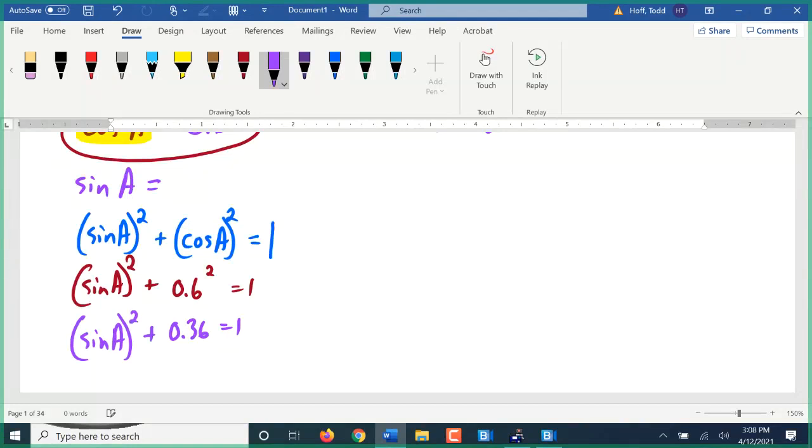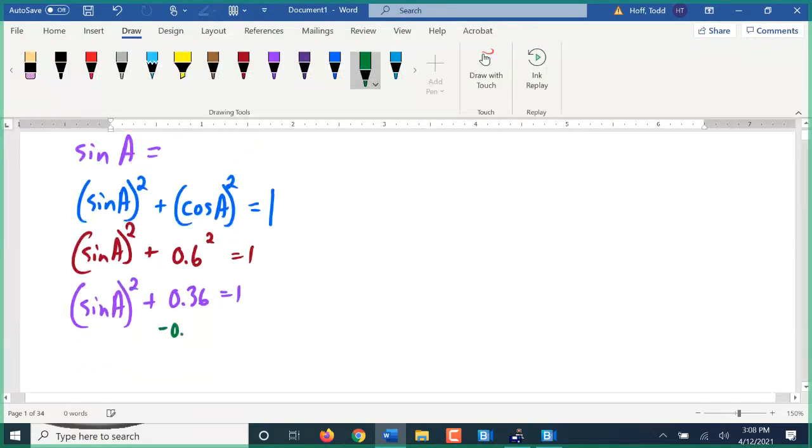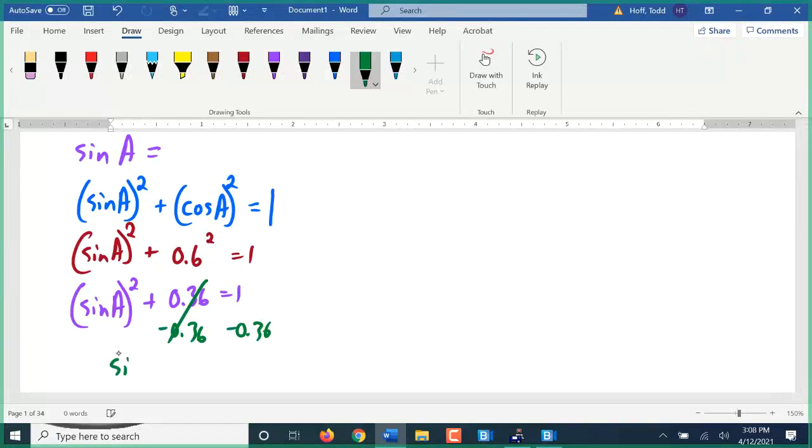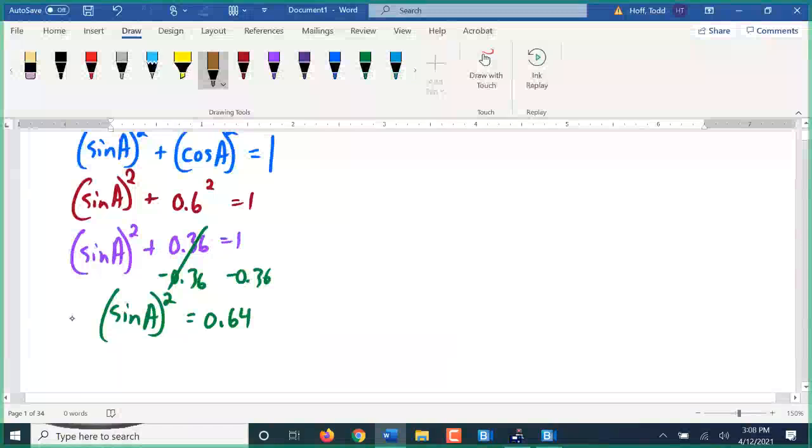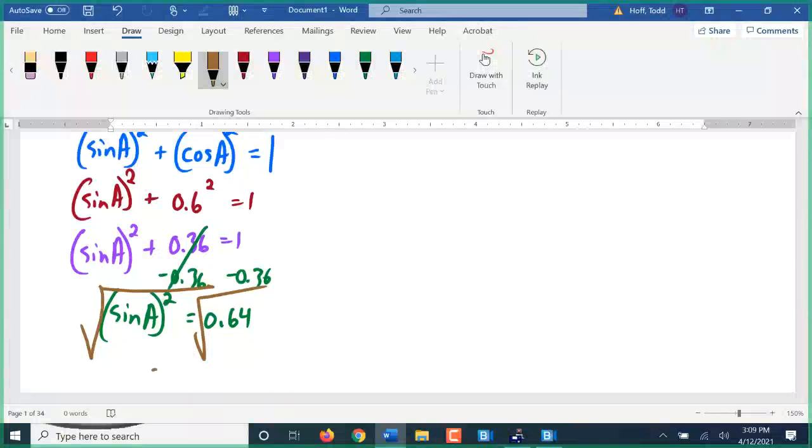Now I have to solve that for sine of A, so I'm going to start by subtracting the 0.36. Sine of A, still all squared, equals 1 minus 0.36, which is 0.64. How do I find the sine of A? Square root of 0.64.